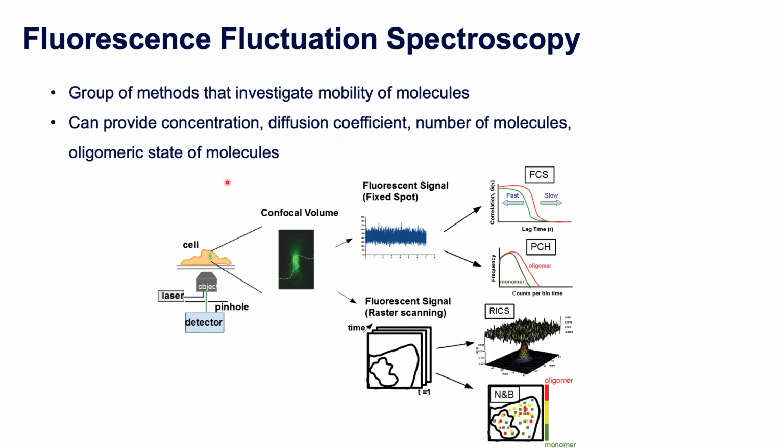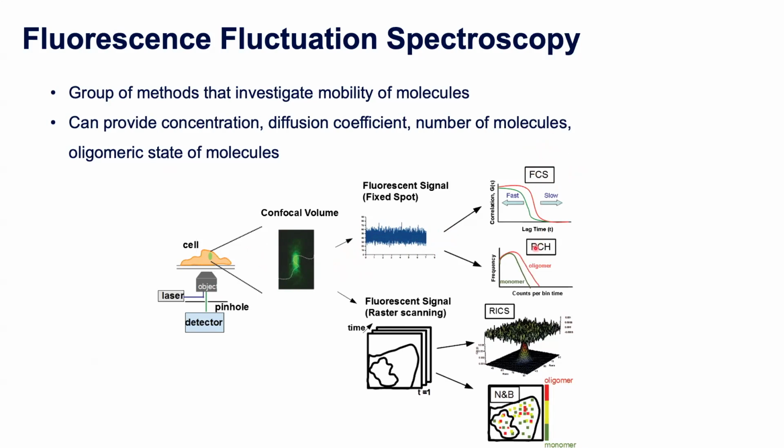There are a few ways of doing that. So one approach is to illuminate just one part of the sample and look at molecules that come in and out of that excitation beam. This would give you this kind of jaggedy line here, which we can then fit and do different types of analysis on. So one common one is fluorescence correlation spectroscopy.